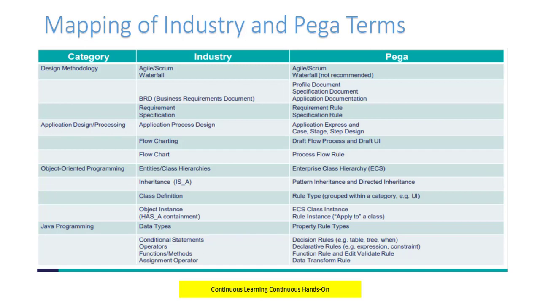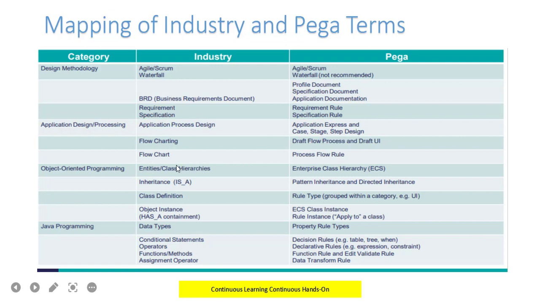Here are some common terms of how the normal industry and the Pega industry have their terminologies. Here we have the design template, like how we use agile, Scrum, agile waterfall in Pega also. We have application process design, cases, case types, stages, process, alternate stage, optional action and all.